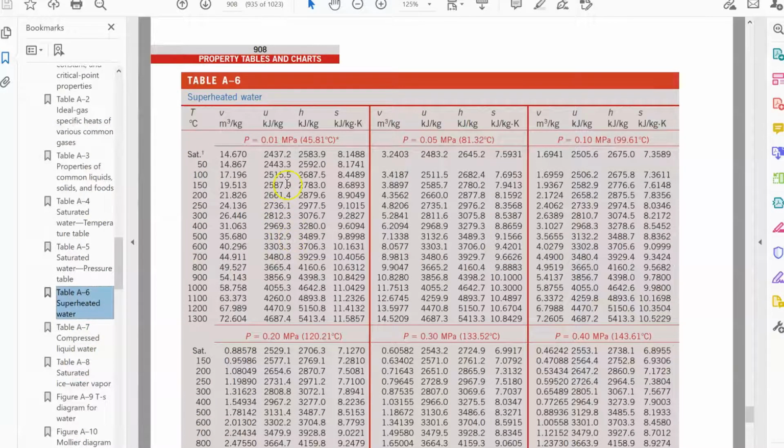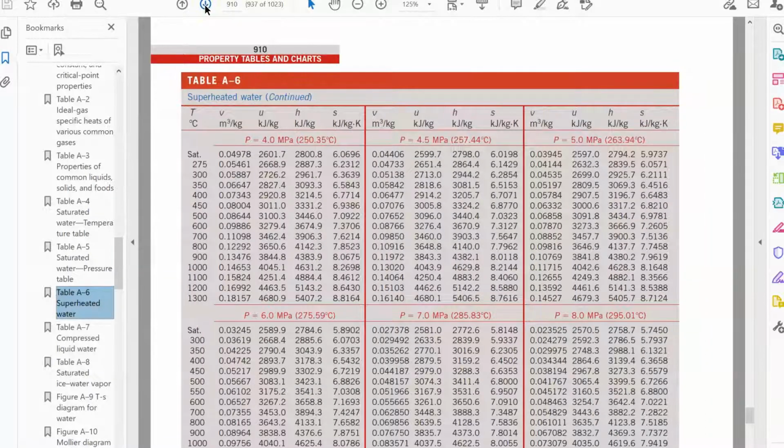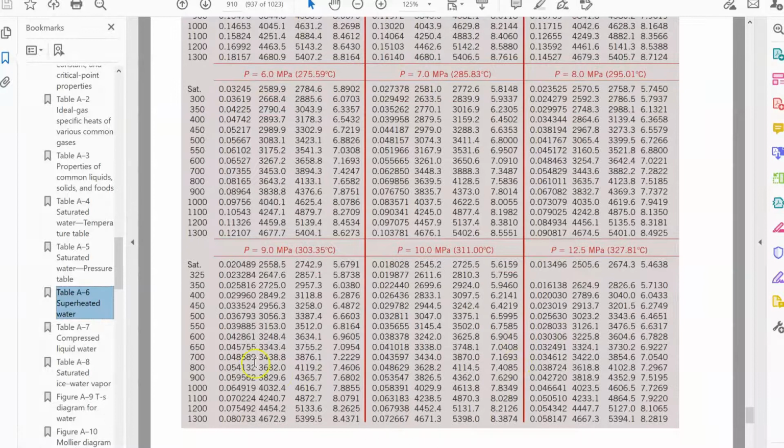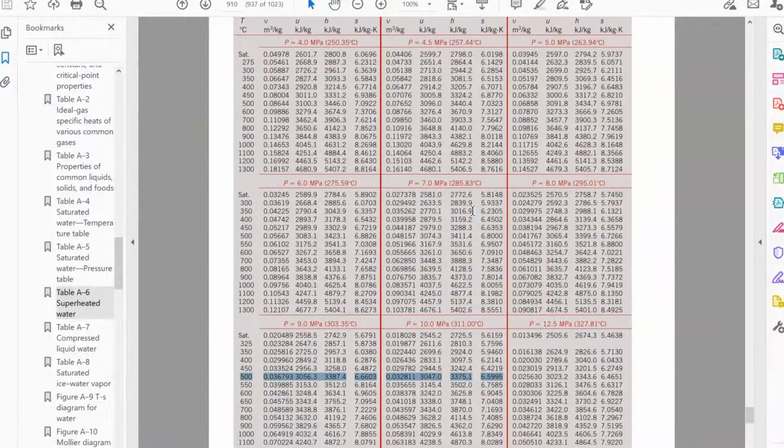We move into table A6. Yeah. So we are looking for 10 megapascal. Alright, there you go, down here, at 500 degrees C. So let's have a look at here. And what are we looking for? Previously, we were looking for your S3. Now we would like to have the H3.